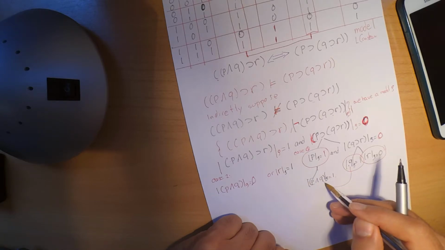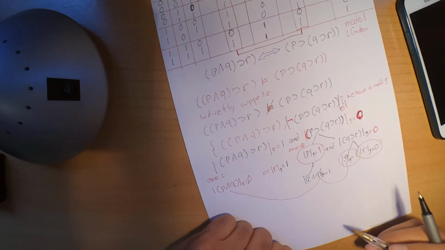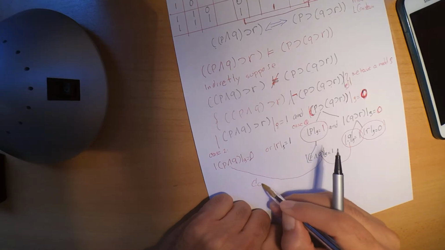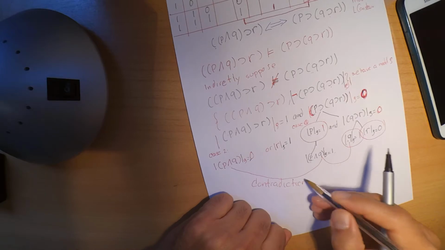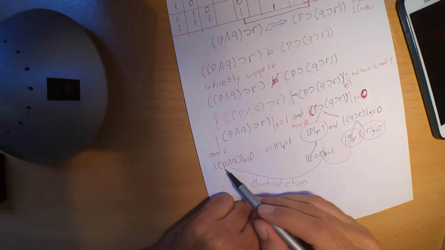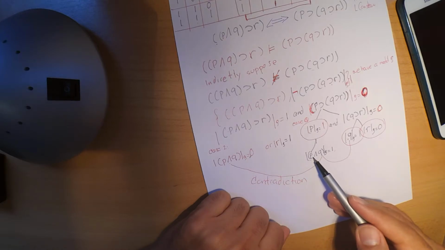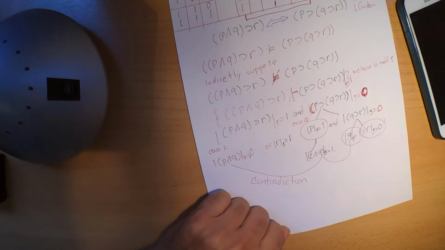The same information, the same exercise here, as you can see, we have a contradiction. Because the same P and Q is equal to 0, we have a contradiction with P and Q equal to 1. So this is really important to remark.